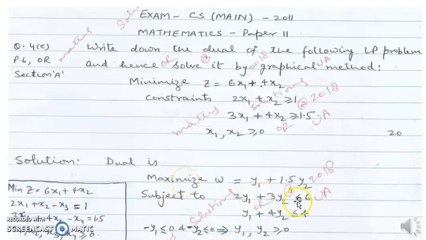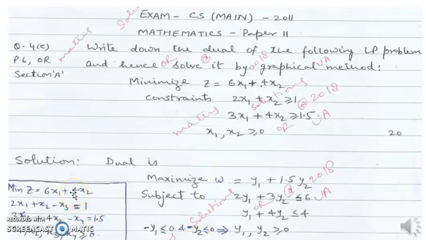For the second constraint, coefficients of x2 are 1 and 4, so y1 + 4y2 ≤ 4, where 4 is the coefficient of x2 in the primal objective function.